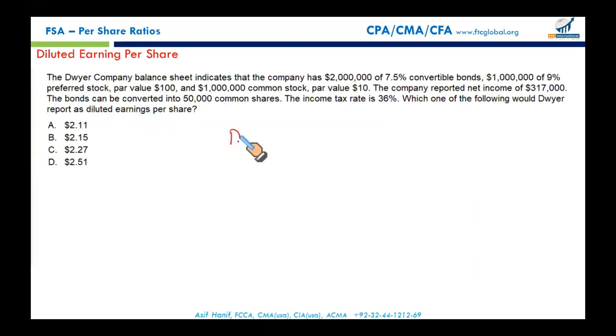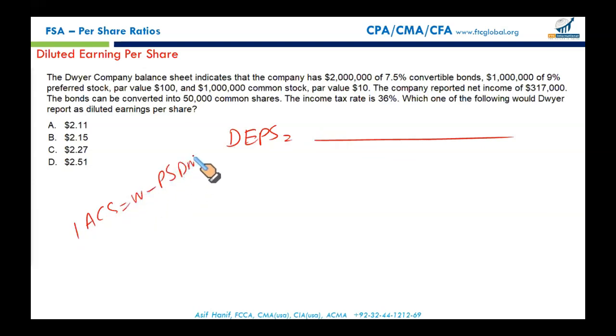We have just learned that diluted earnings per share is equal to IACS. What is IACS? IACS is net income minus preferred stock dividend. I hope you remember. Net income is given as $317,000. And the preferred stock dividend can be calculated from the information given.